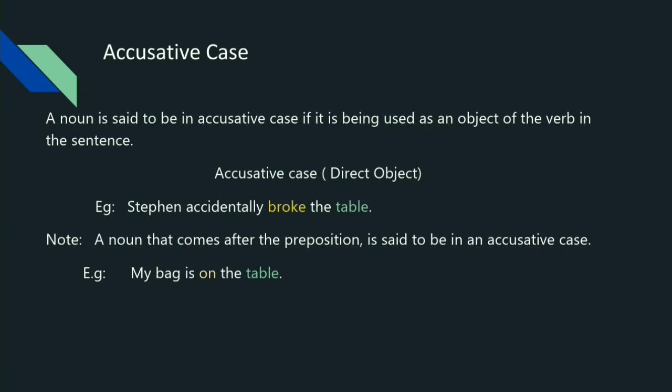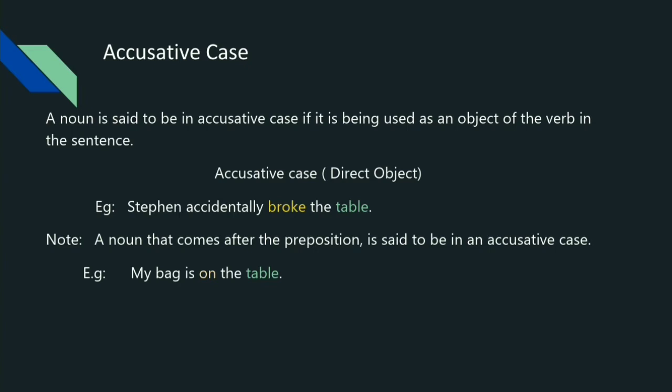So we can say that accusative case is all about the object, but there are two types of object, direct object and indirect object. Accusative case is all about direct object. And what is direct object? Direct object basically is the object which directly receives the action of the verb on itself.